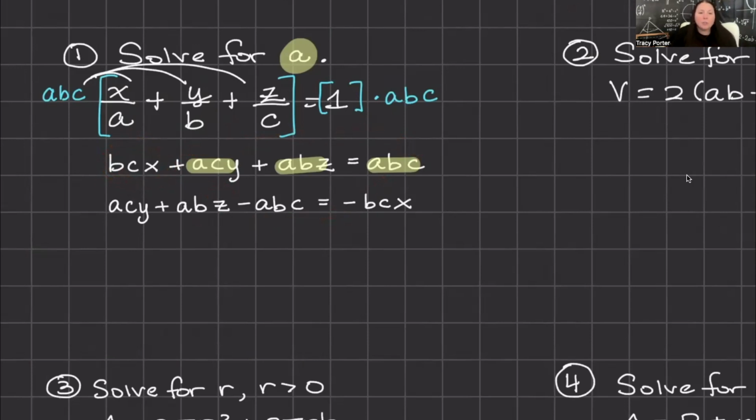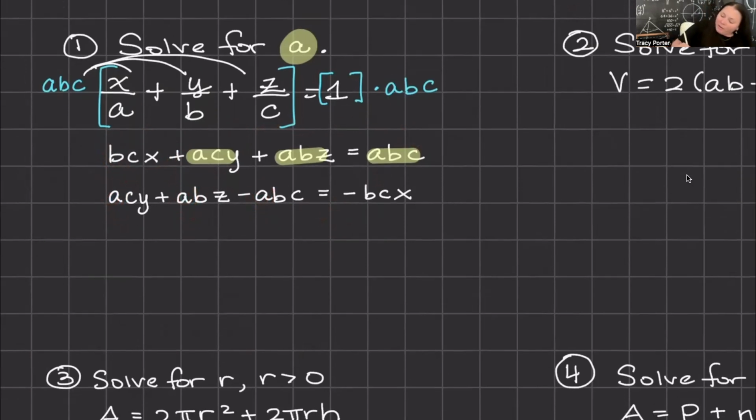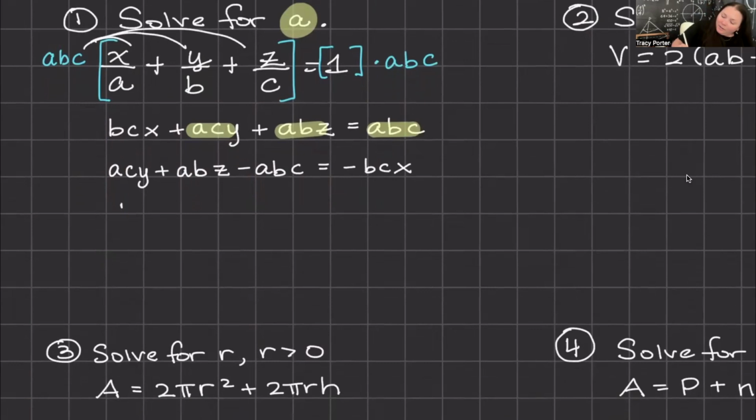Now, those three terms on the left all contain an A, right? So we have the A, and that is what we're trying to solve for. So we're going to factor out an A, and that leaves us with CY plus BZ minus BC, and that's equal to minus BCX.